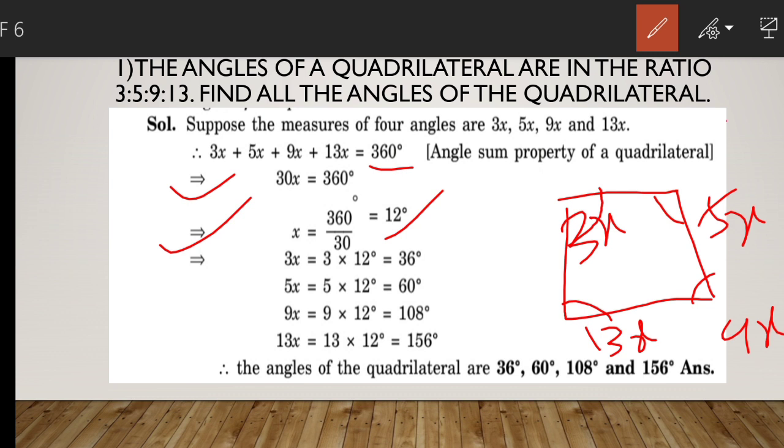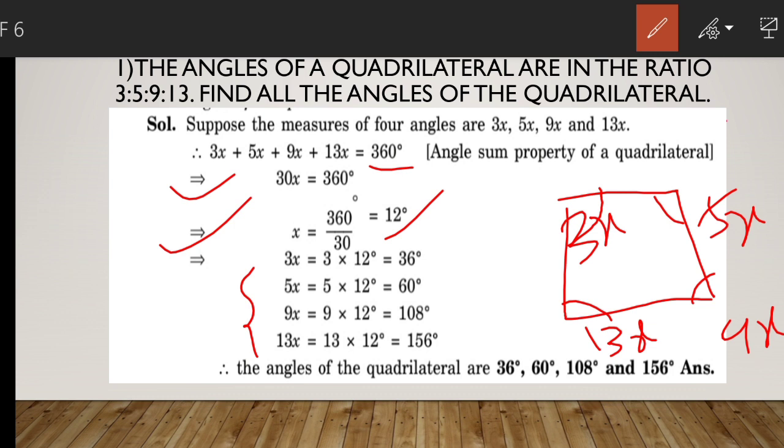Since we know the value of x, we will substitute in 3x, 5x, 9x and 13x and find their respective values. For 3x it is 3 into 12, 36. For 5x it is 5 into 12, 60. For 9x it is 9 into 12, 108. For 13x it is 13 into 12, that is 156.